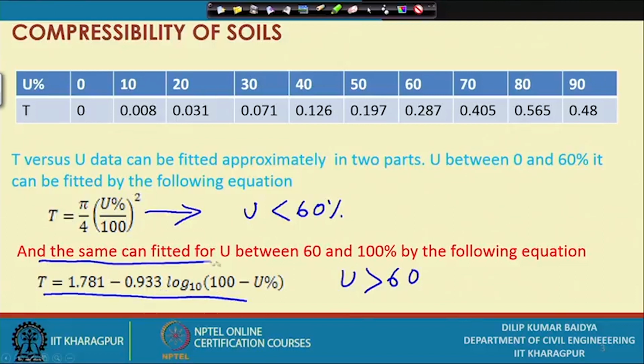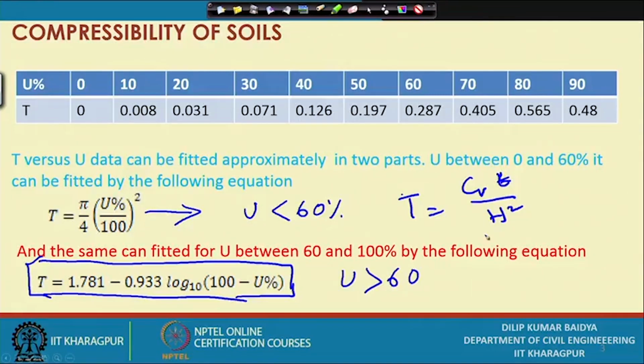So, these two things you need to remember, because from time to time for calculation this may be required. You know the U, from U you have to find out the time factor T, and once you get the time factor T, you know T equal to C V t by h square. So, if you know the soil property and the thickness of the layer, how much time it will take to consolidate to that degree of consolidation we can find out.